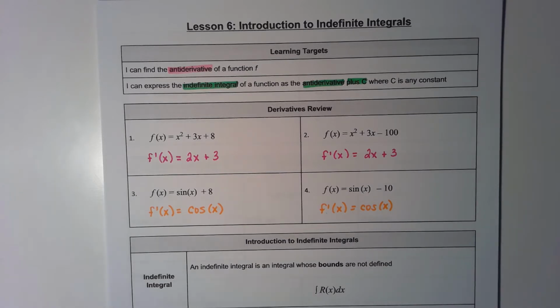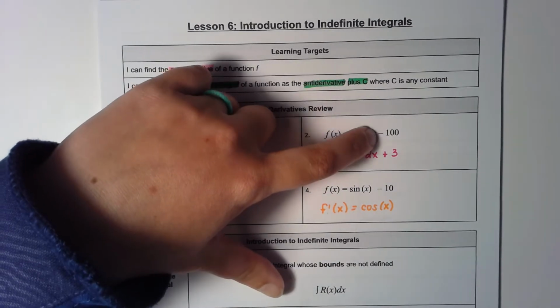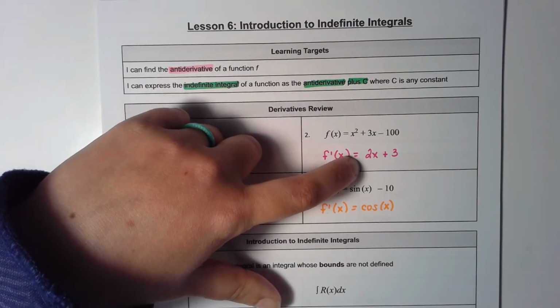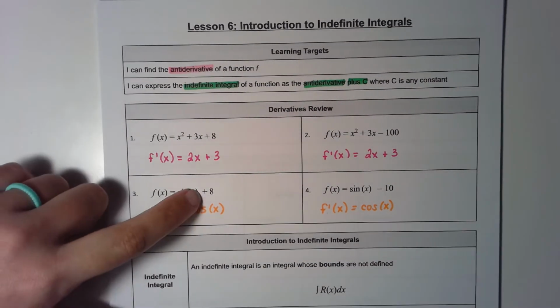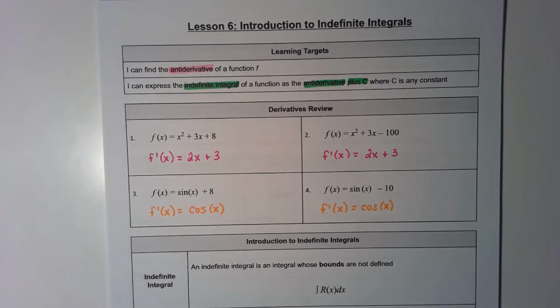And the derivative of a constant is 0, which means there's no evidence of it in the actual derivative. You can't tell that there was an 8 here just by looking at the derivative. You can't tell that there was a minus 100 here just by looking at the derivative. Same thing with the 8 and the minus 10. You can't tell that they were there just by looking at these derivatives.